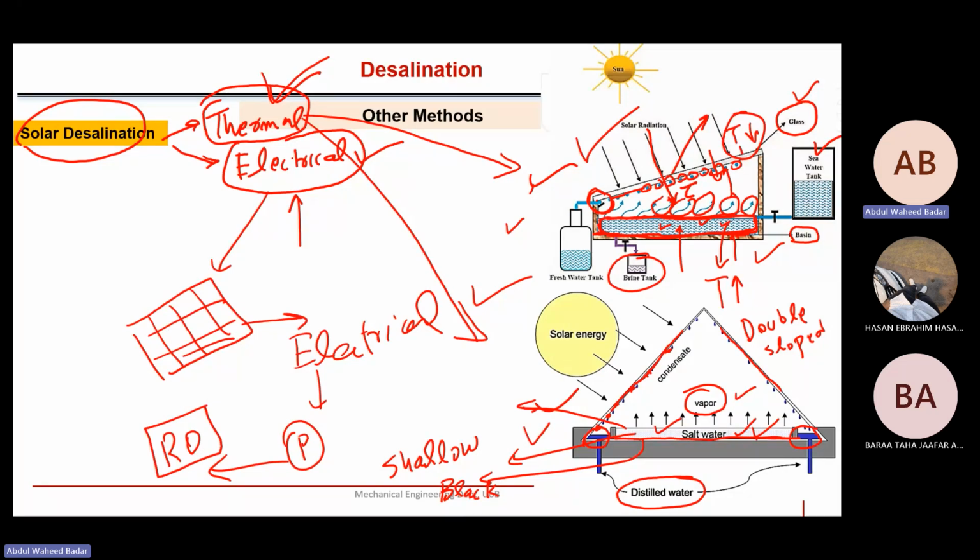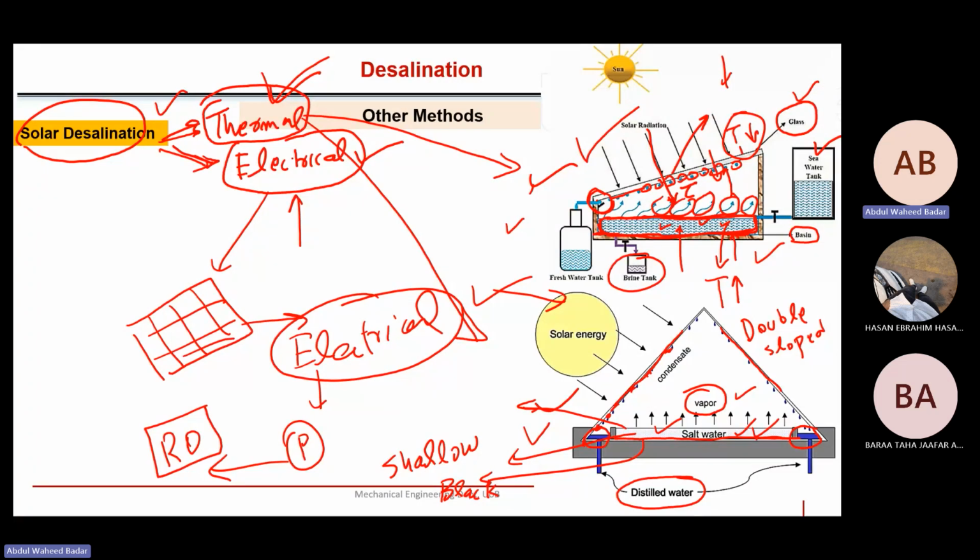All right. So here in these two systems, we are using solar energy directly, either in the form of thermal or in the form of electrical. These are the direct uses of solar energy in the form of heat or electrical energy. But there is an indirect use.